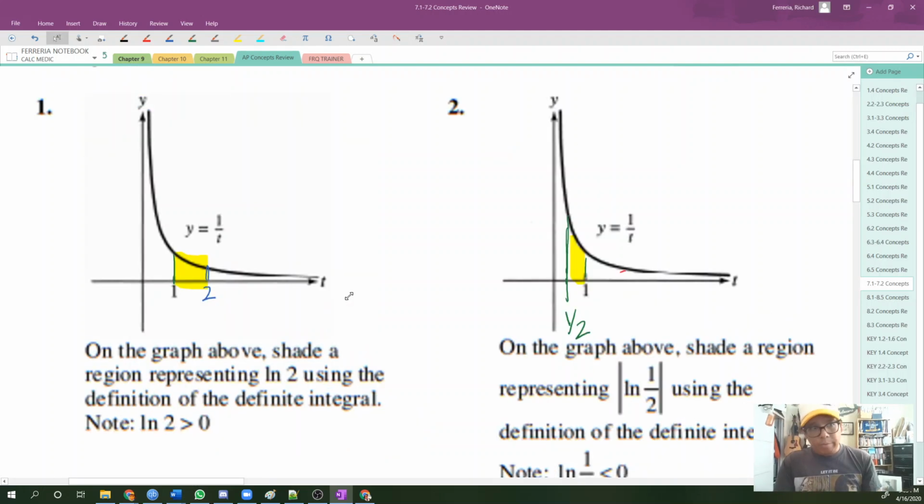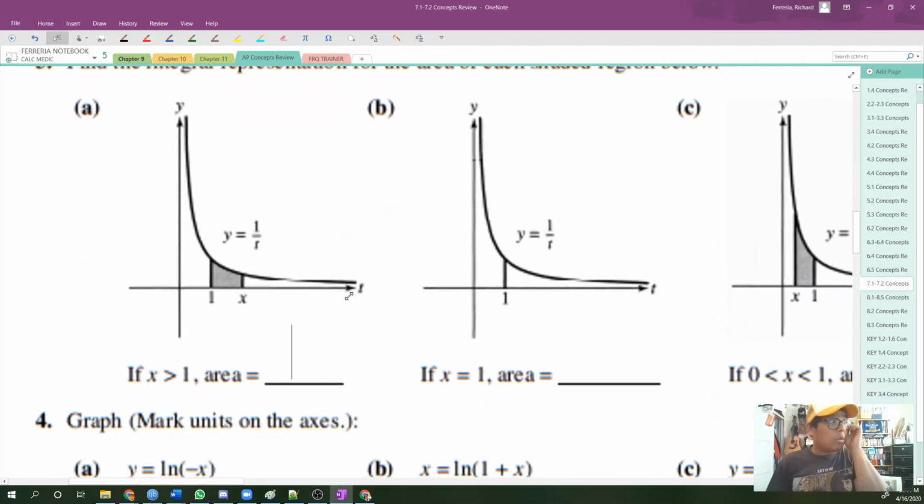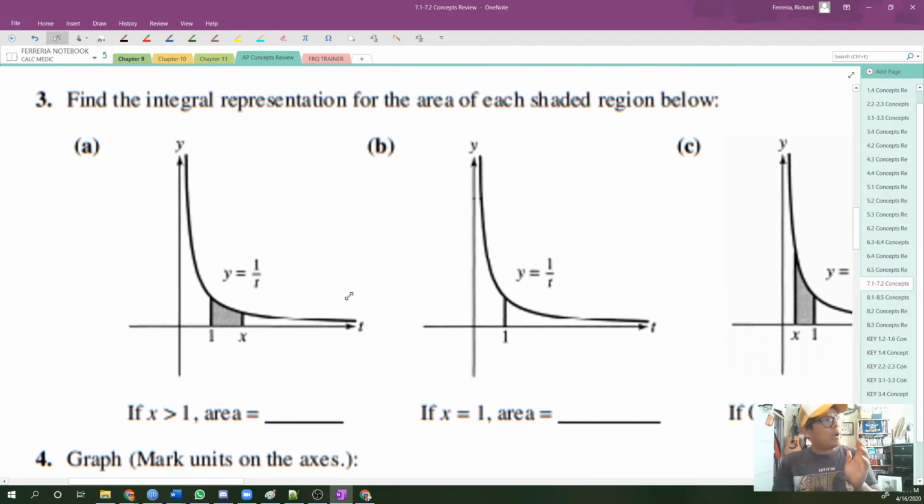Moving on from here, we're going to take a look at number 3. Can I write the area shown in number 3 as an integral? And that says the integral between 1 and x. So yes, you can write that as an integral.